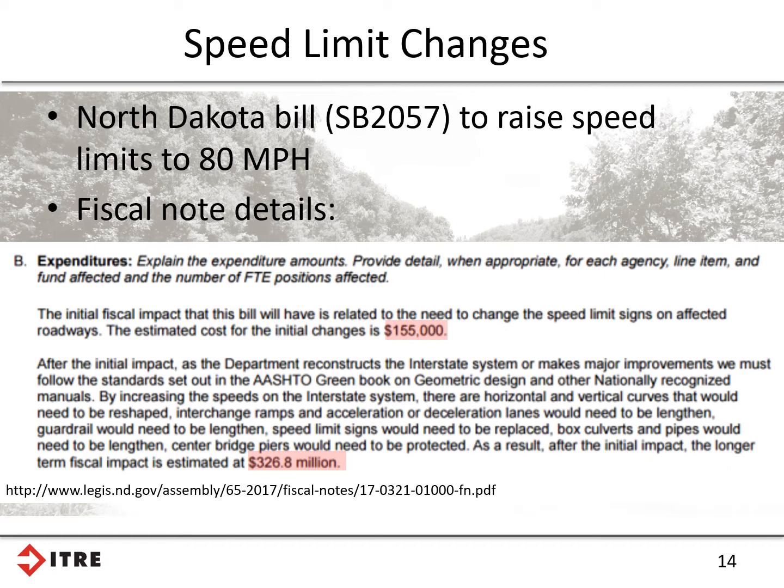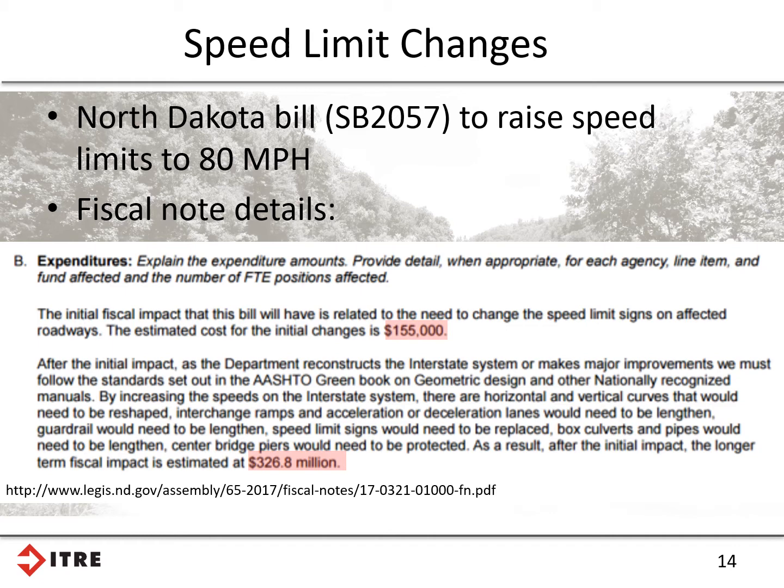A recent example of speed limit changes is a bill from North Dakota that would raise the speed limits to 80 miles per hour. I think most interestingly, in the fiscal notes, they noted that the direct or initial fiscal impact would be $155,000, and that would be simply to change the speed limit signs on the affected roadways that had the speed limits raised to 80 miles an hour.